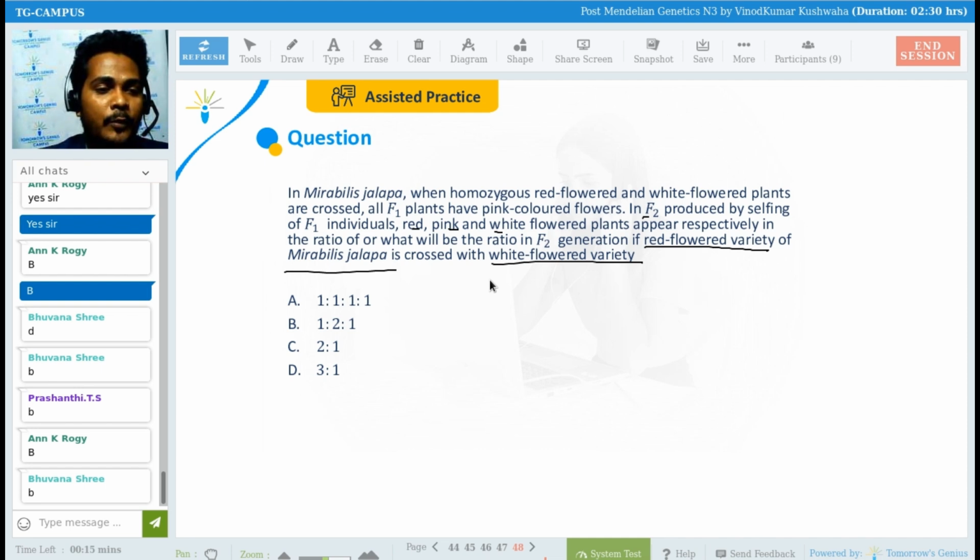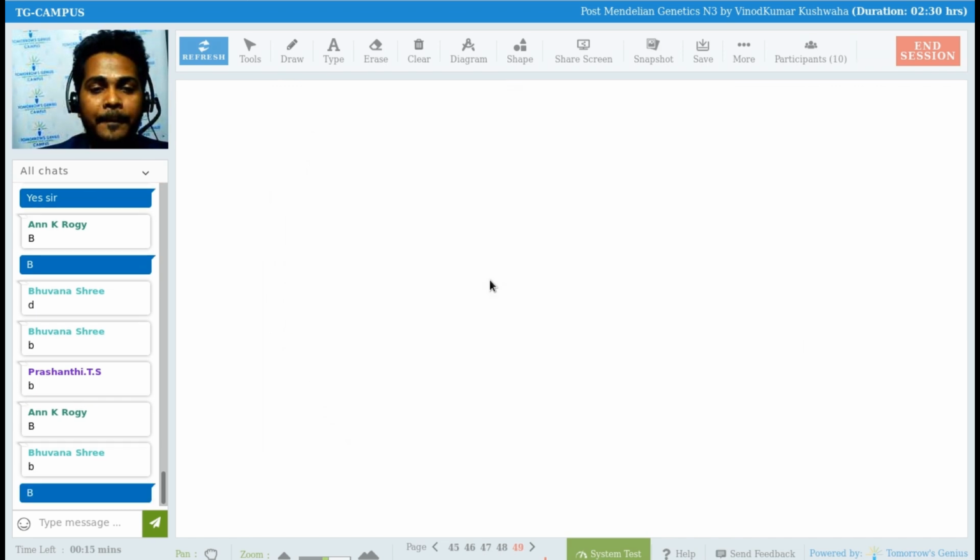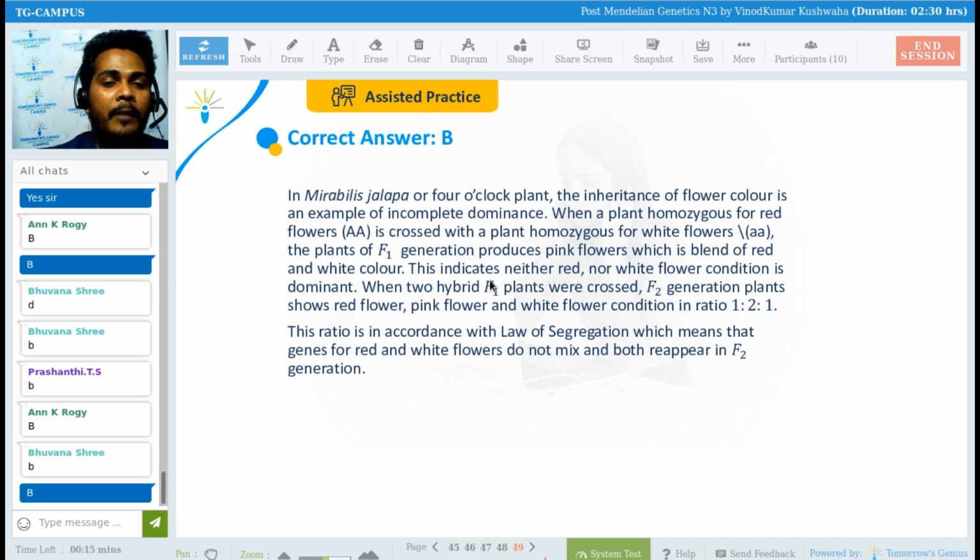Okay, so yes, most of you responded B. So why is it B? Mirabilis jalapa, normally called the four o'clock plant, the inheritance of flower color is an example of incomplete dominance, which you have already studied in the previous session. When a plant homozygous for red flower is crossed with a plant homozygous for white flower, the F1 generation produces pink flowers, which is a blend of red and white.